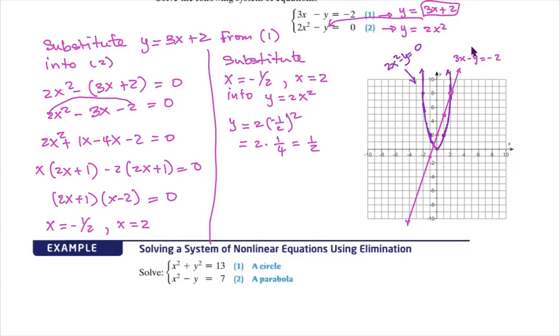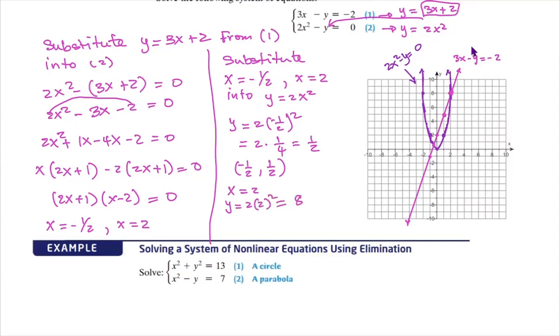So we have a solution that is x equals -1/2 and y equals 1/2. Okay, we got our first solution. The second one would be x equals 2. Substitute it into y equals 2x squared. That is y equals 2 times 2 squared, which equals 8.